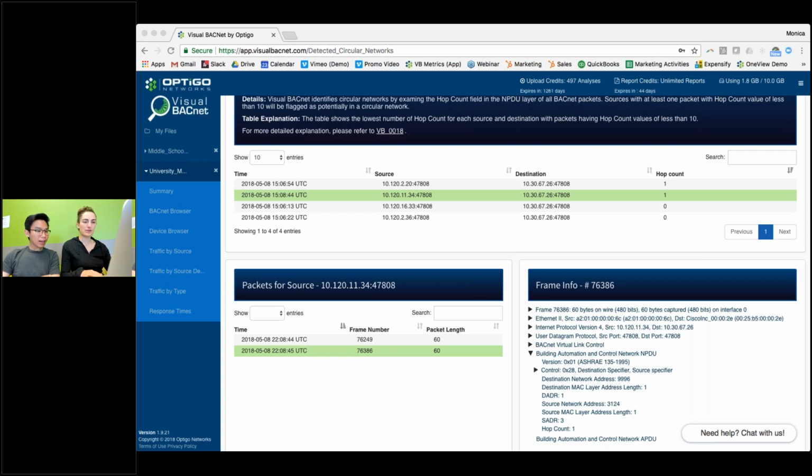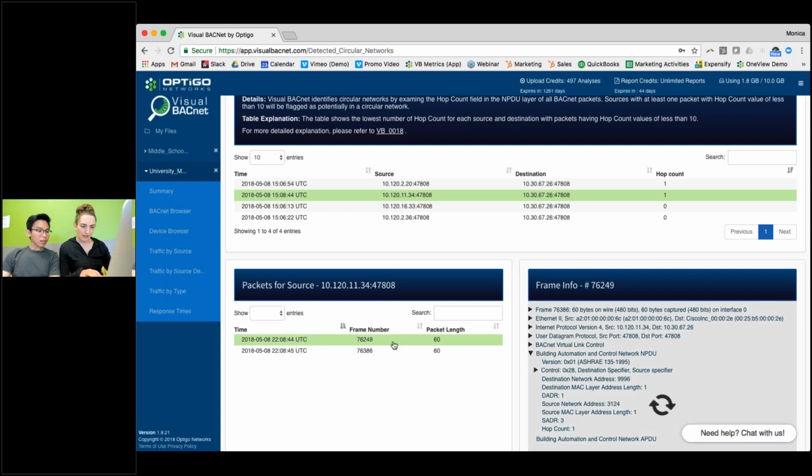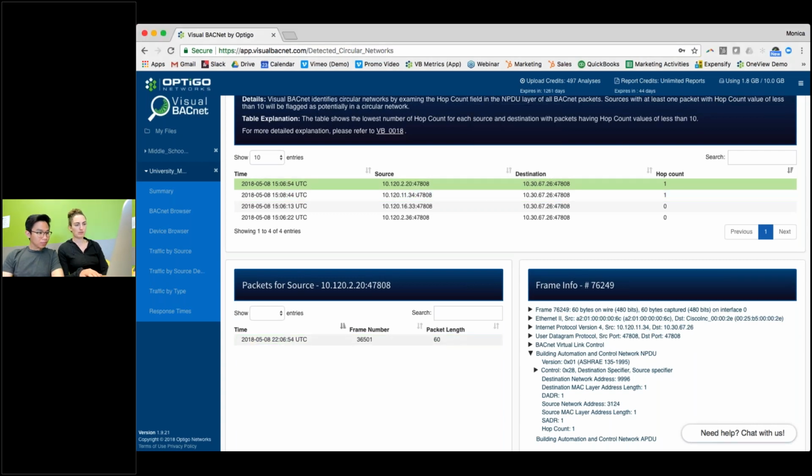The other thing that I'm noticing is that the destination is a front end. Also, often if you have a circular network, you can see the frames with the hop count decreasing, correct me if I'm wrong.